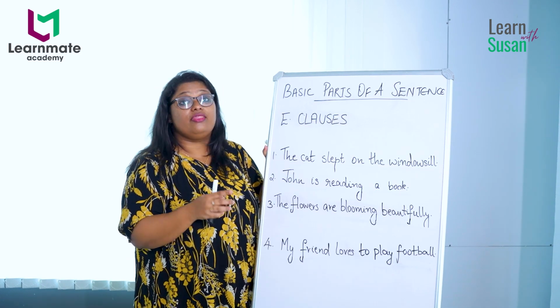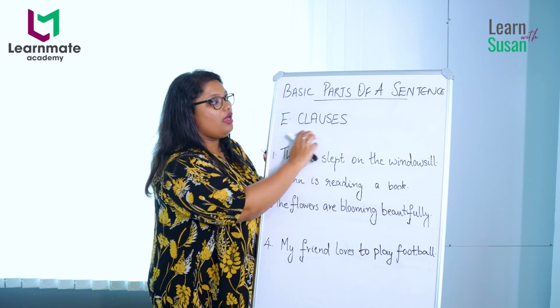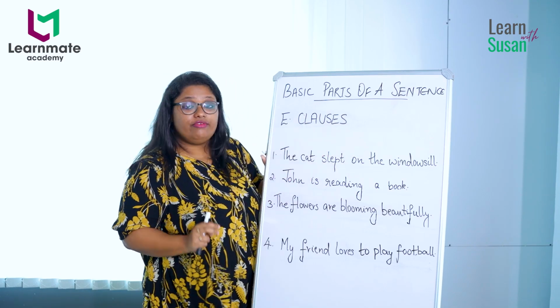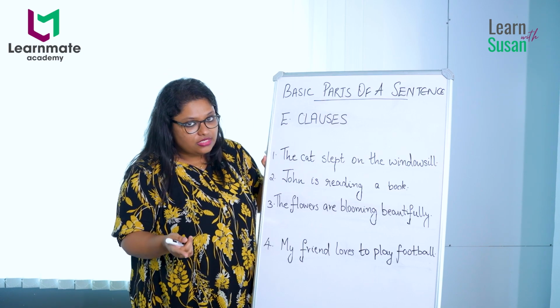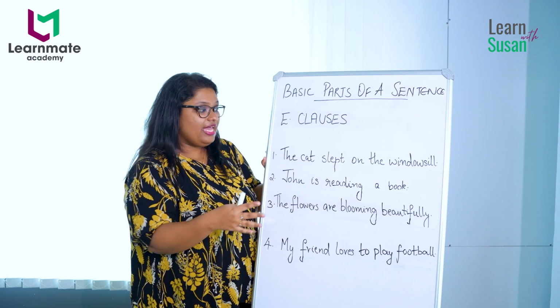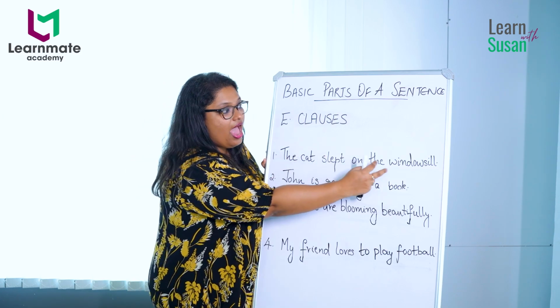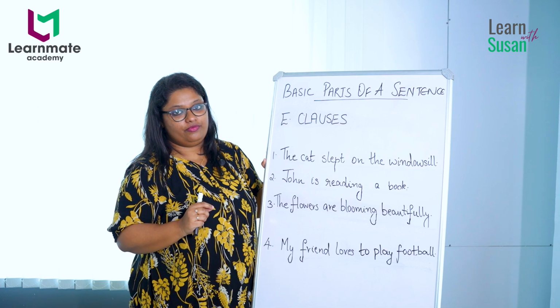Now, the next and the final essential part of a sentence that you need to learn about are the clauses. There are two types of clauses, independent clauses and dependent clauses. Independent clauses are clauses that have a subject and a predicate and have a complete meaning.